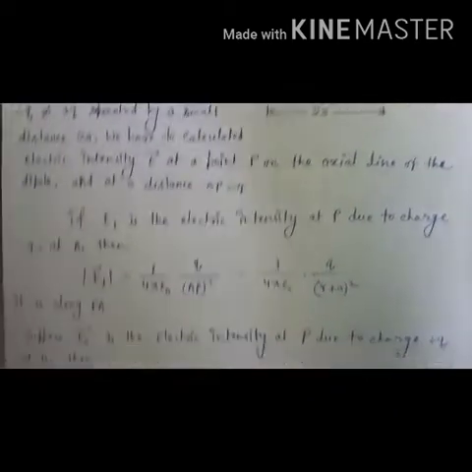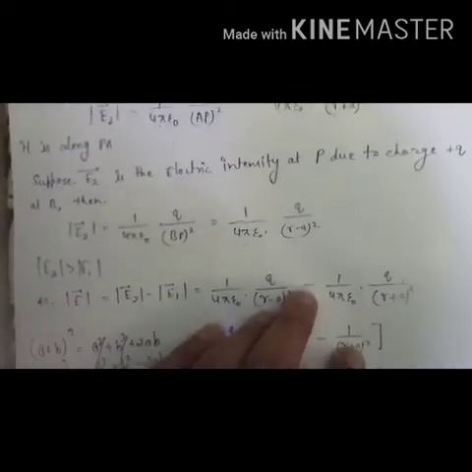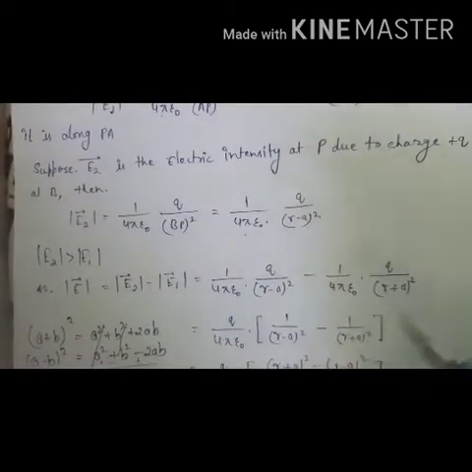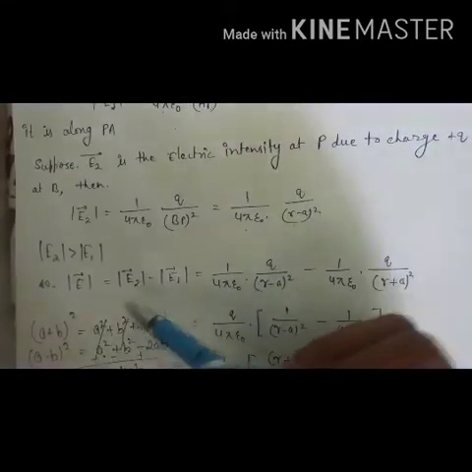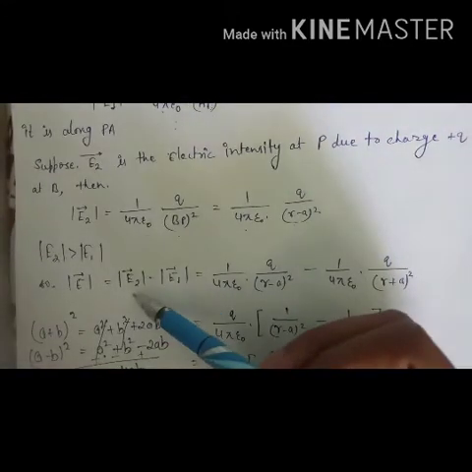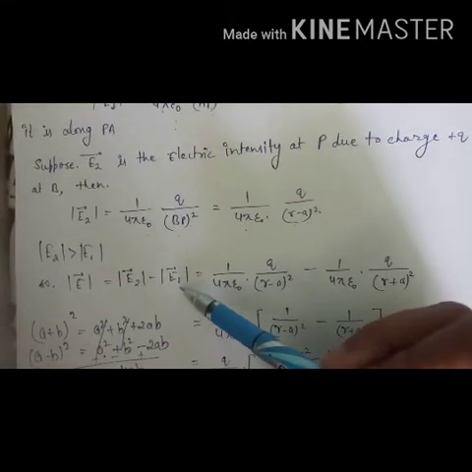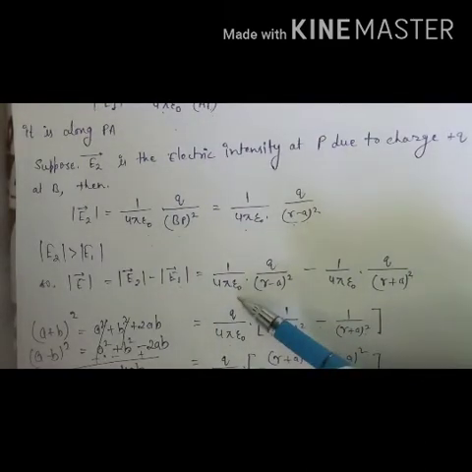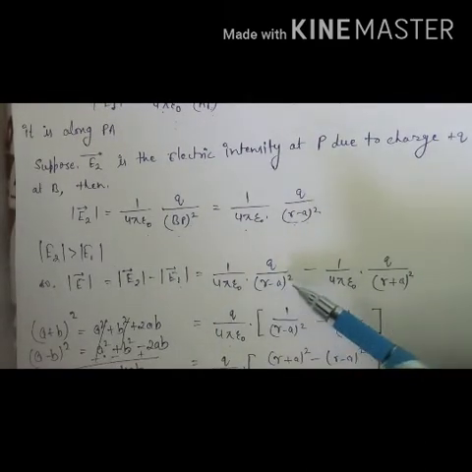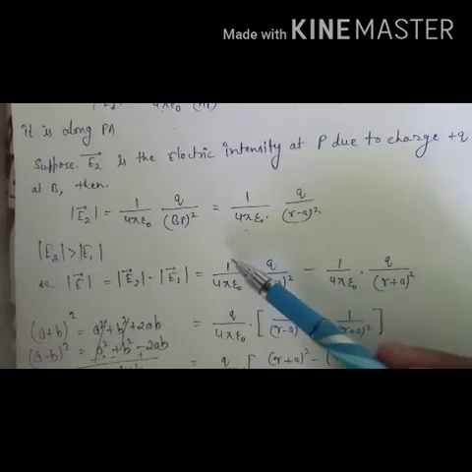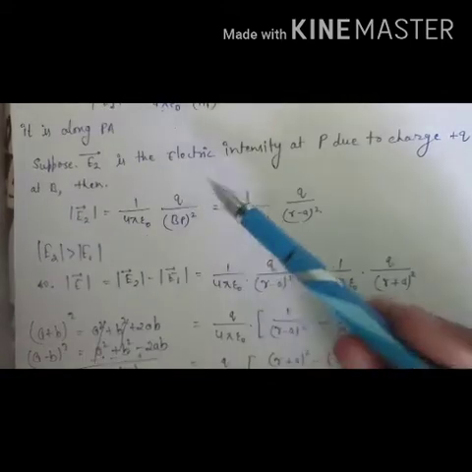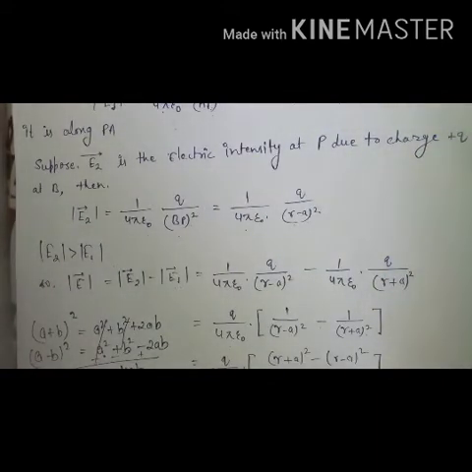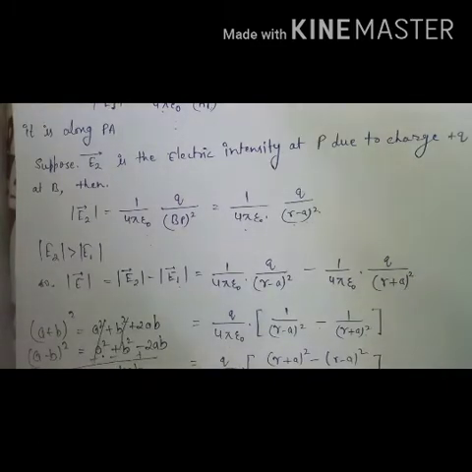So E2 is greater than E1, and E net is equal to the magnitude of E2 minus the magnitude of E1: 1 upon 4 pi epsilon naught, q upon (r minus a) whole square, which is E2, the electric field intensity at P due to charge plus q, minus 1 upon 4 pi epsilon naught, q upon (r plus a) whole square.